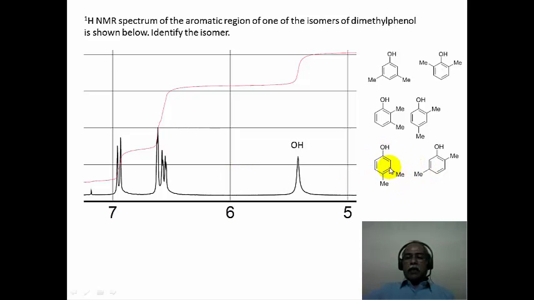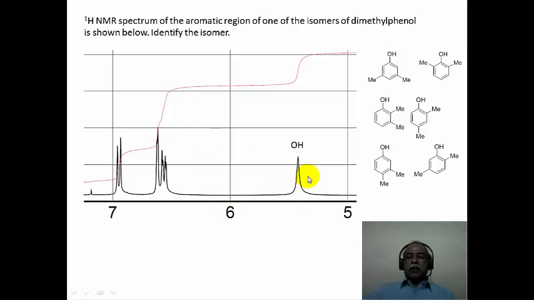Perhaps this would be the correct answer among the 4 choices, based on the simple fact that these 2 signals are coming from highly shielded hydrogens, which could be those ortho to the hydroxy functional group. And therefore, this is the only molecule where there are 2 hydrogens ortho to the phenolic functional group. So this would probably be consistent with the isomer in this case.